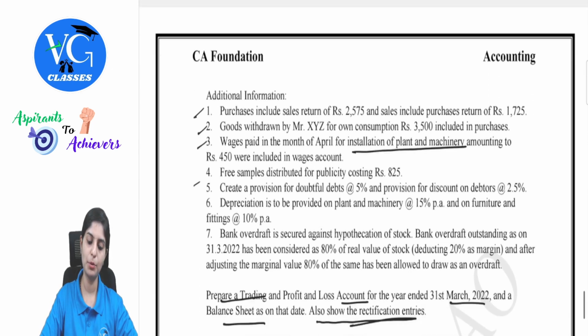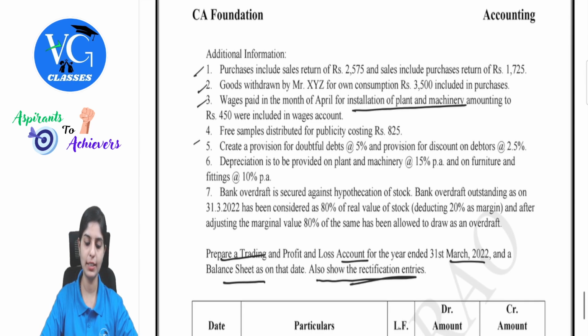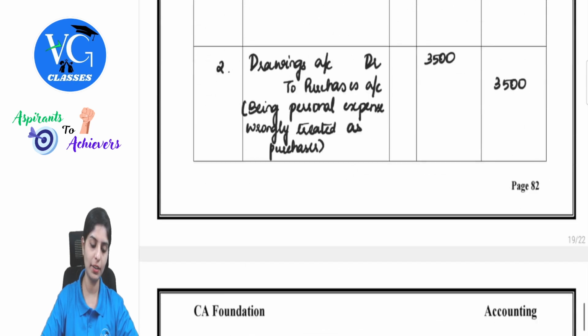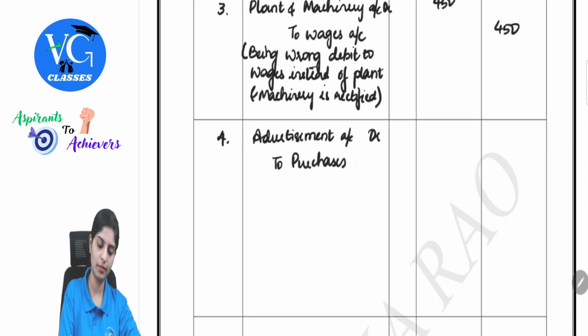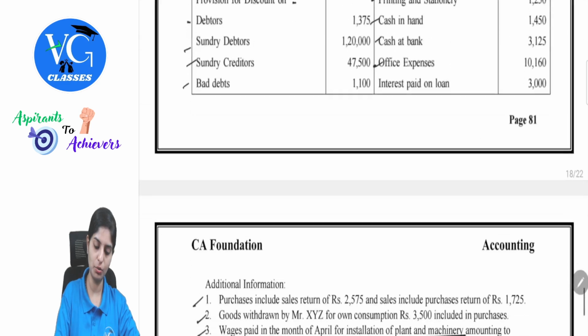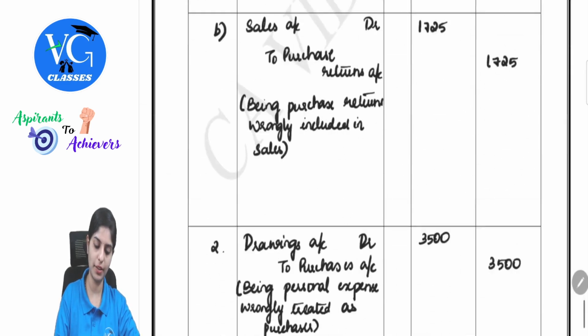Free samples distributed for publicity costing 825. So for this, what will be the journal entry? Advertisement account debit to purchases. So that entry is not at all recorded. Advertisement account debit to purchases. What was the value? 825.